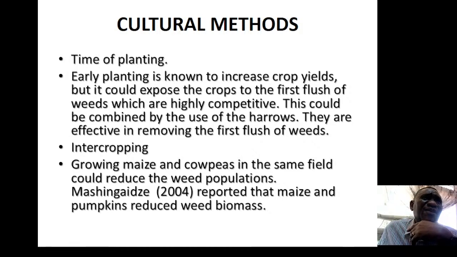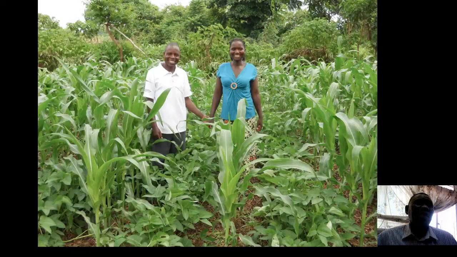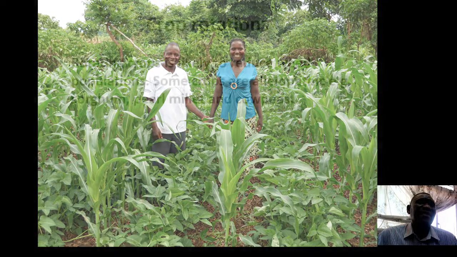Mashingaidze in 2004 reported that maize and pumpkins could reduce weed biomass. So if you can reduce weed biomass or weed density, it means the weed control threshold may not be reached. This is intercropping cowpeas with maize.